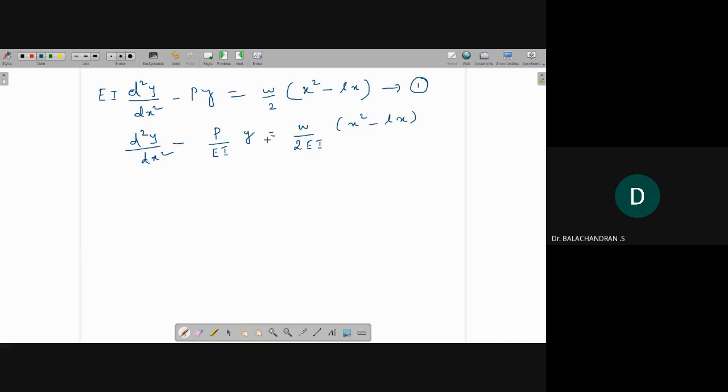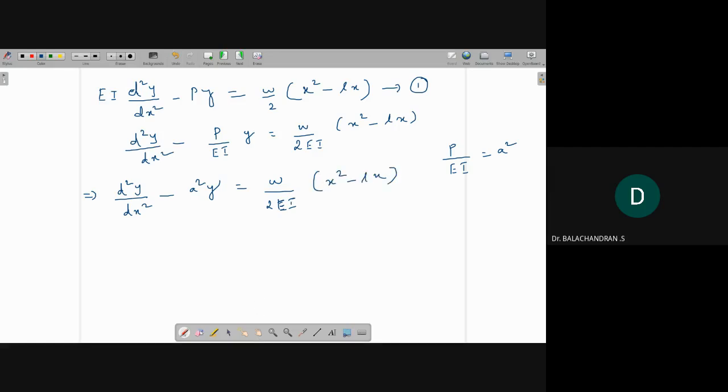Now I take p by EI equal to a square. So d square y by dx square minus a square y equals omega by 2 EI into x square minus Lx.